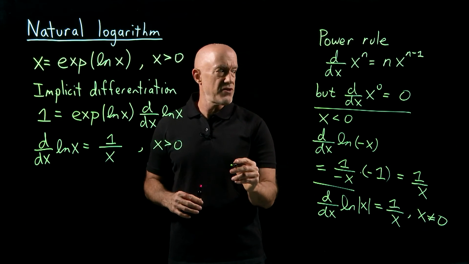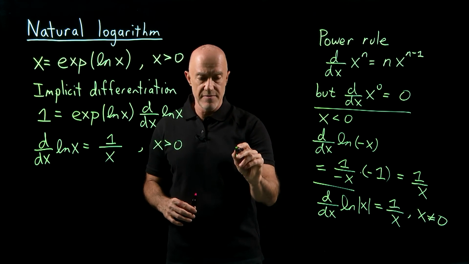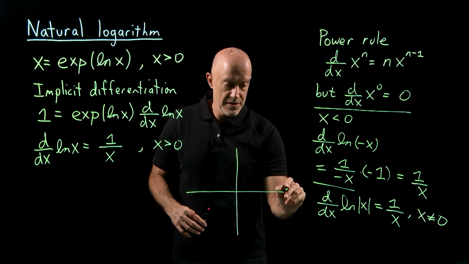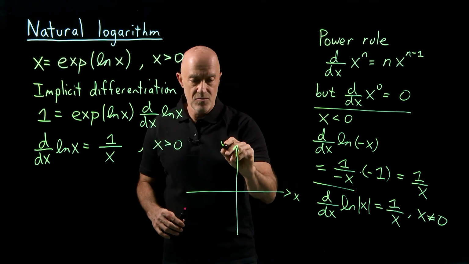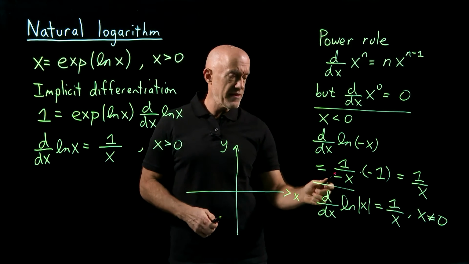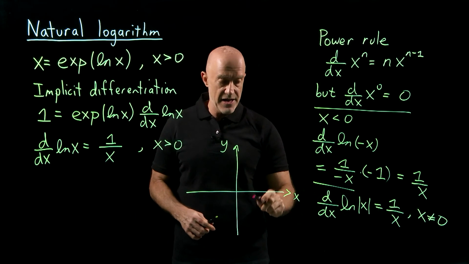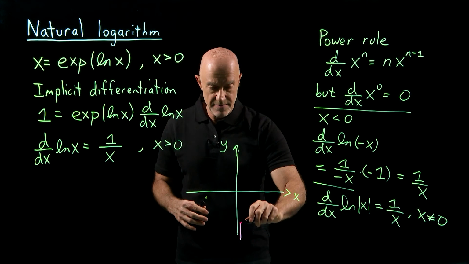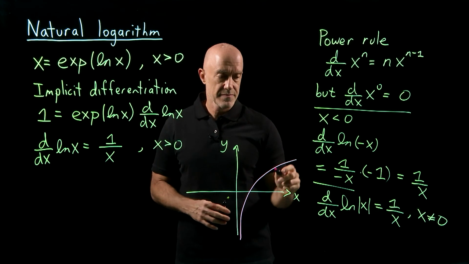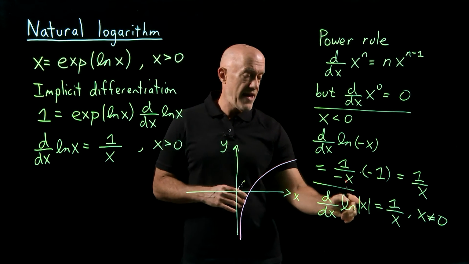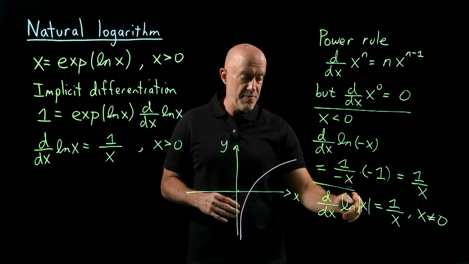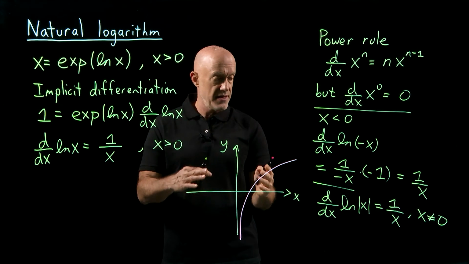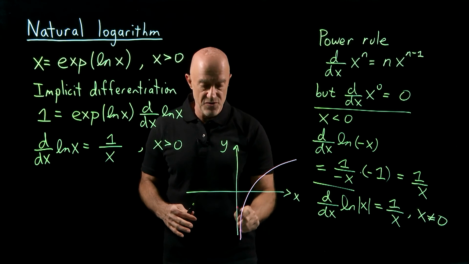We can see that by drawing a graph of this function. So let's have a look. So this is x, this is y. If we look at the graph of log of the absolute value of x, if x is positive, then it looks like the log, which looks like this. On the other hand, if x is negative, this would be positive, but it would correspond to the negative x-axis, and it would just be a reflection about the y-axis.